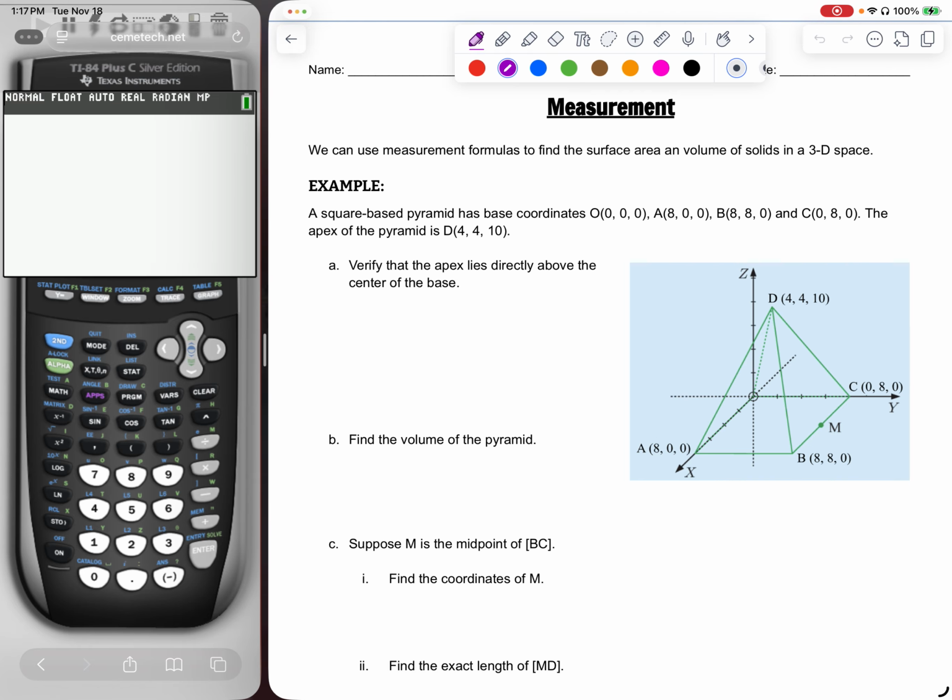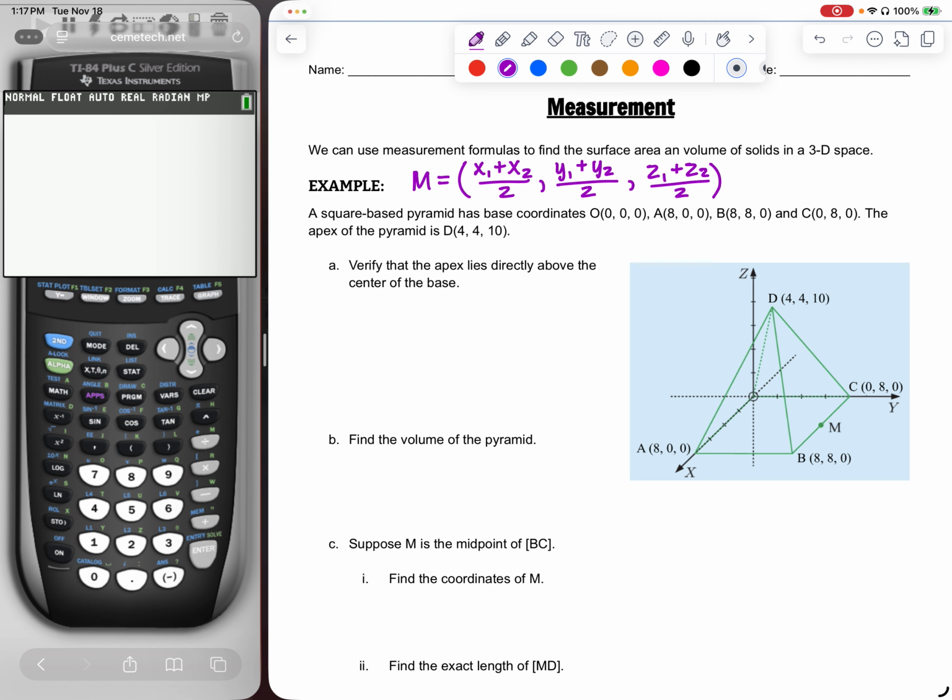Okay, so we know that the midpoint of a 3D figure is going to be equal to x1 plus x2 divided by 2 for the x values, y1 plus y2 divided by 2 for the y values, and z1 plus z2 divided by 2 for the z values.